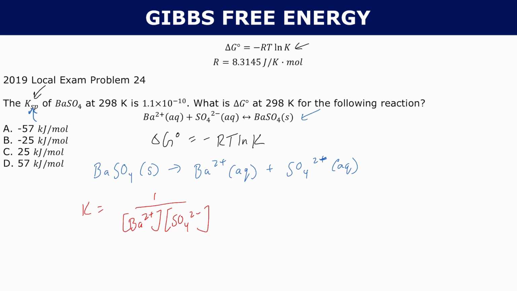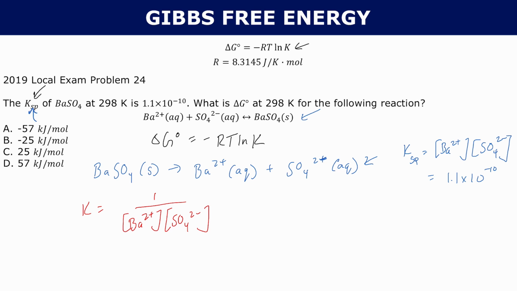How do we find our K value from the Ksp that we're given? Well, since the Ksp represents this reaction here, the Ksp is going to be equal to the concentration of barium 2 plus times the concentration of SO4 2 minus. And we know that this value is equal to 1.1 times 10 to the minus 10. And so this Ksp value and the K value that we're looking for is really similar.